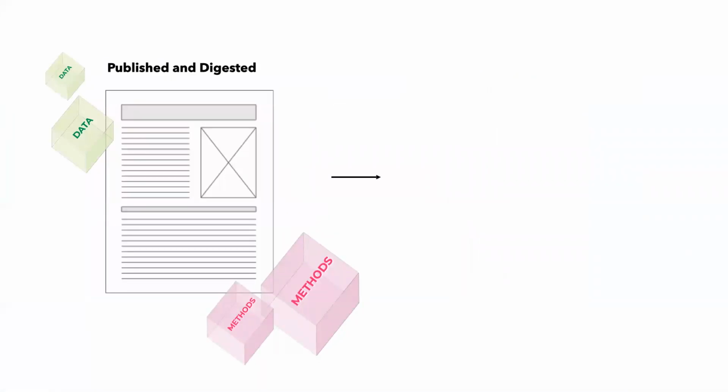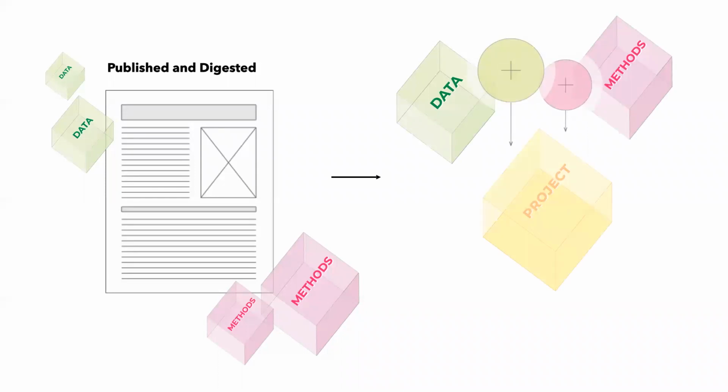So as you remember, an independent project can start with analyzing somebody else's data, where we take published and digested data and methods, reproduce the same result, and you will see that you will start having a lot of questions about the same method applied to different data, the same data but different methods, and how you can essentially then transform a practice analysis that you've done with somebody else's data and methods to something of your own.